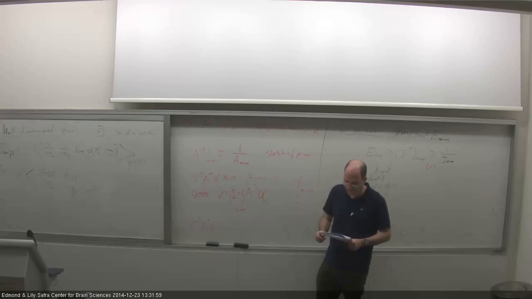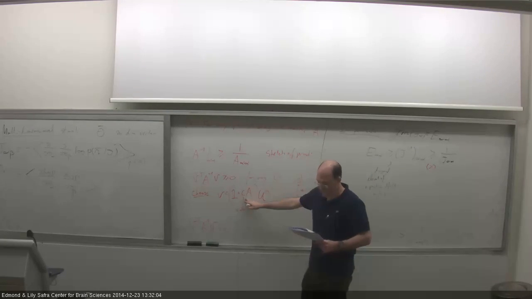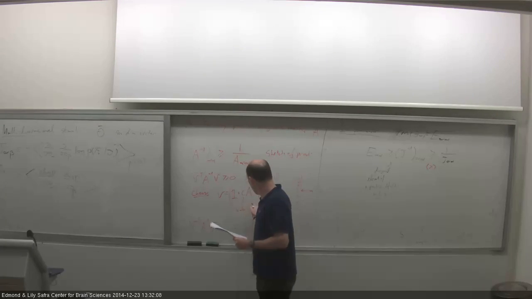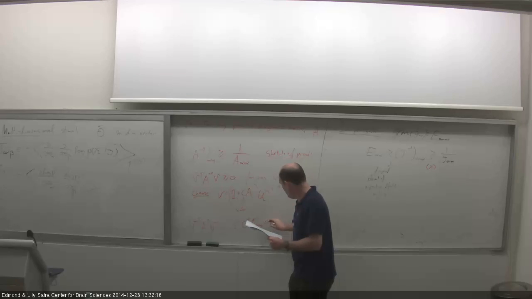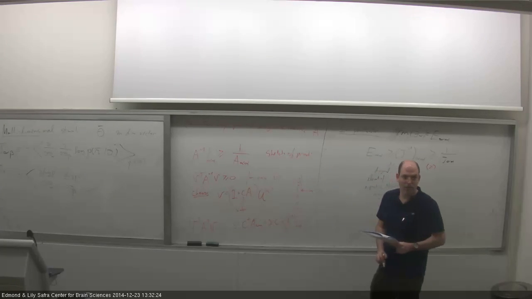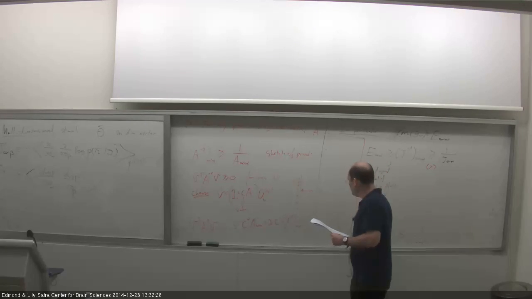It's not a lot of work to show that with the particular choice of V that I made, this thing is a quadratic function of C, which has the following form: C square A alpha alpha plus 2 times C plus A minus 1, the alpha alpha element of A minus 1. And I will finish my sketch of the proof here.